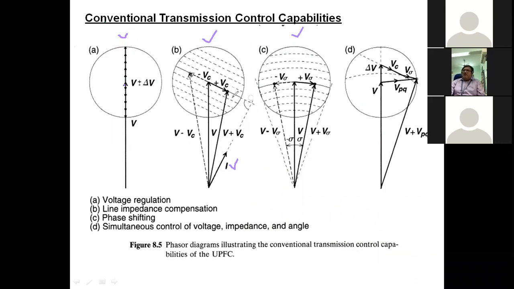Whatever may be the case, in a lightly loaded transmission line we use the series capacitor. For theoretical purposes we discuss series compensation with an inductor, but we never do it, because 100% of transmission lines are inductive in nature. Series inductance you will have, not capacitance.